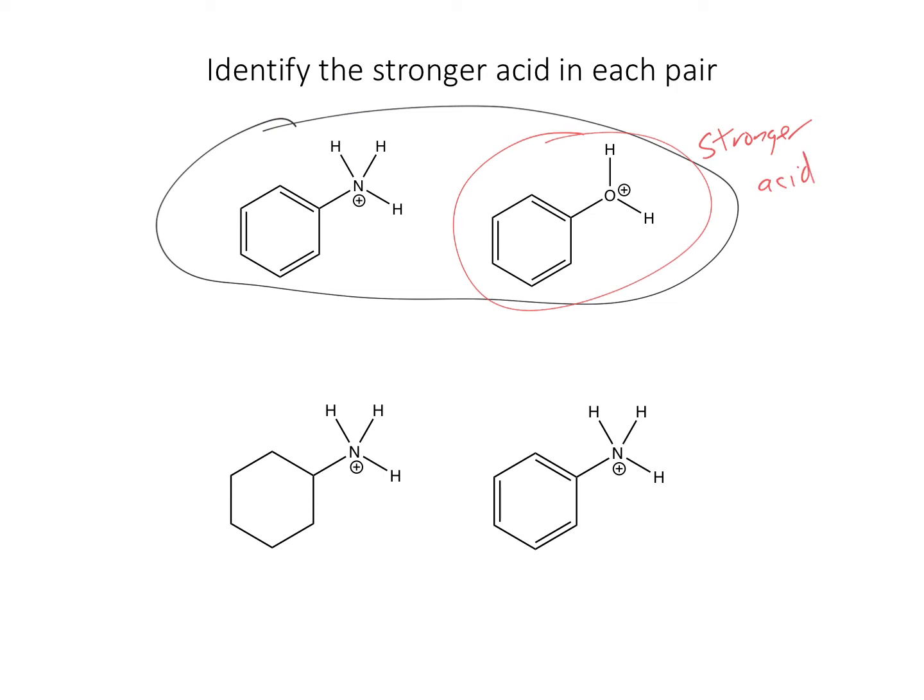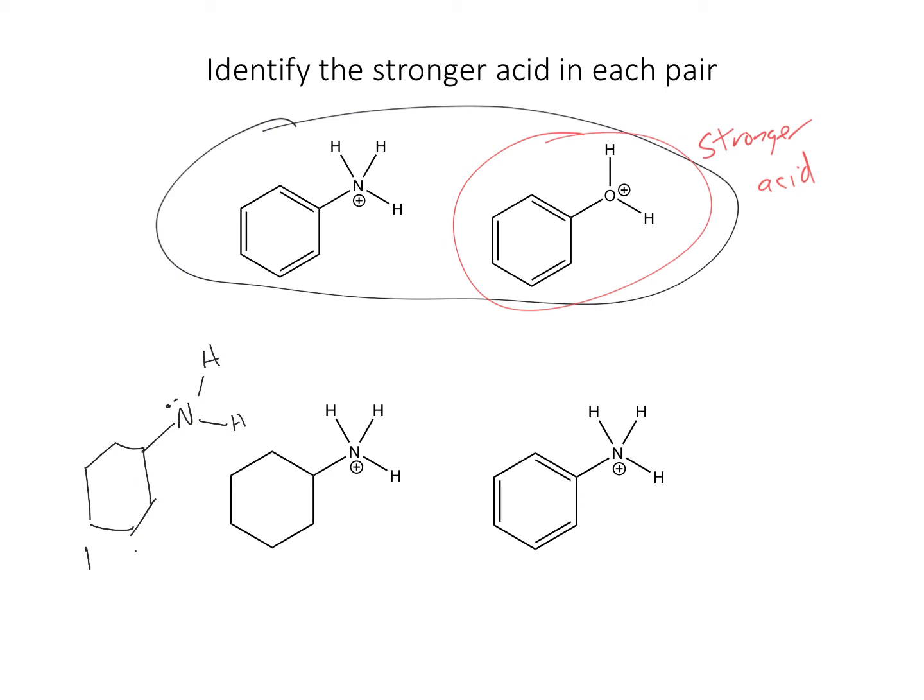Okay, when we go to this next example, I'm comparing this compound to this one. Here the positive charge is on the same atom in both cases, a nitrogen. And so what we do in this case is look at the conjugate base. The conjugate base of this first compound would look like that. And I don't see any resonance patterns that that lone pair can participate in.